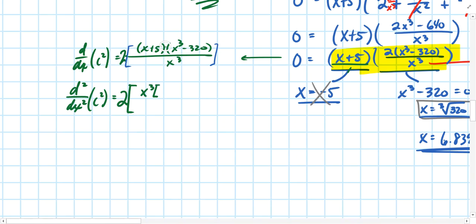Now this is where it gets a bit challenging because the derivative of this upper function requires the product rule. The product rule would be the derivative of the first function times the second function, plus the first function times the derivative of the second function.